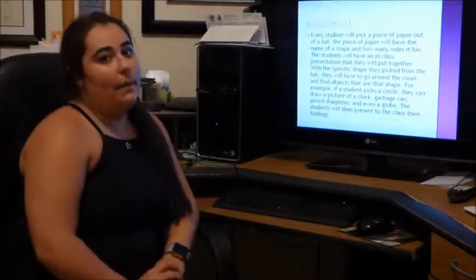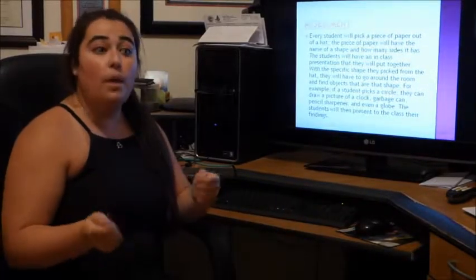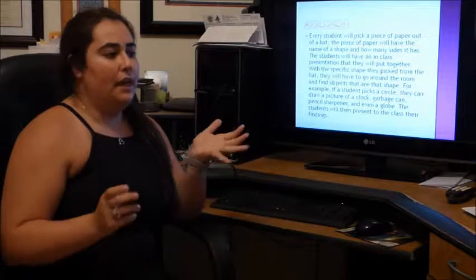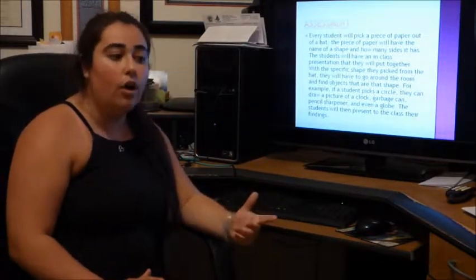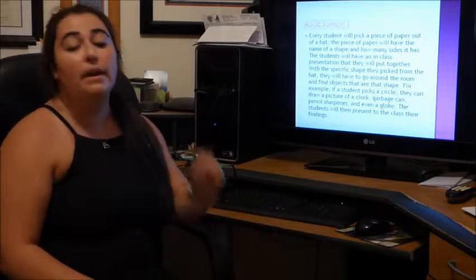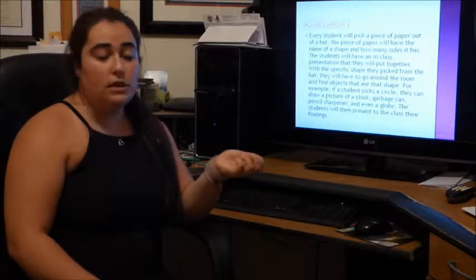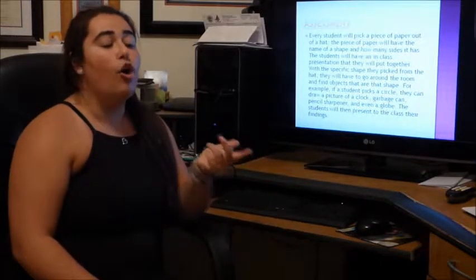For the assessment, I would have a hat or a bag of different cut up pieces of paper with shapes on them. They're going to be the basic ones: circle, square, triangle, rectangle. Groups of students, 2 or 3 per group, are going to come pick a name of a shape out of the hat. Say the student gets a circle. They're going to have to go around the classroom and find objects that are that shape.